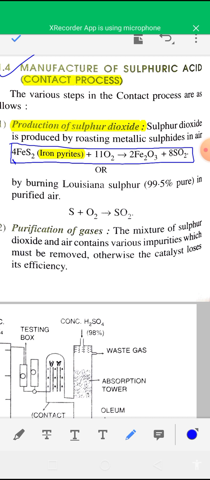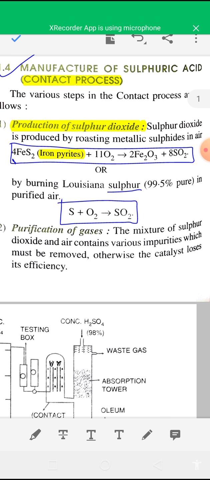You can also produce sulfur dioxide by burning sulfur in purified air, that is S plus O2 gives SO2.